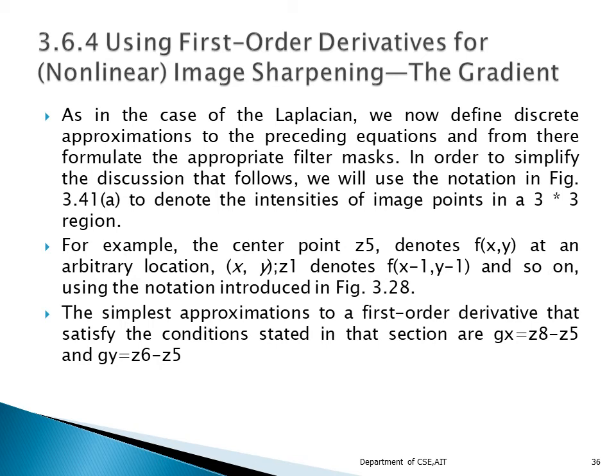The Z5 will denote the function f of xy at an arbitrary location xy. Z1 will denote f of x minus 1, y minus 1 and so on, like we have done in the previous case. The simple approximation to the first order derivative that is going to satisfy the conditions stated in the sections are Gx equal to Z8 minus Z5, Gy equal to Z6 minus Z5. This is one way we can implement it.